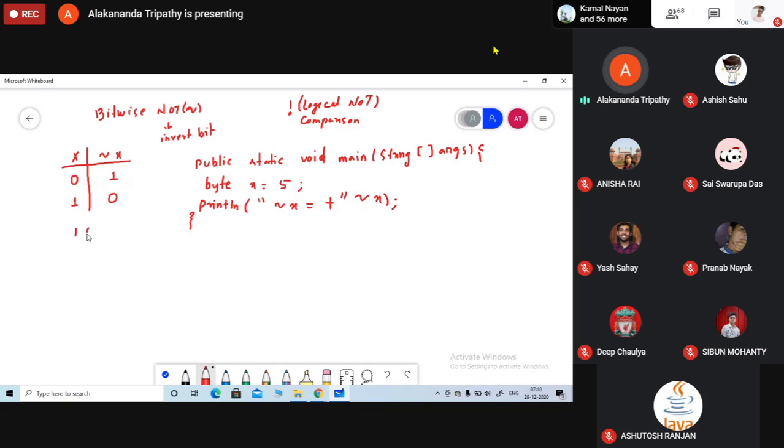So 5 is 101. It will be represented in this form. So what will be the answer here? Three?